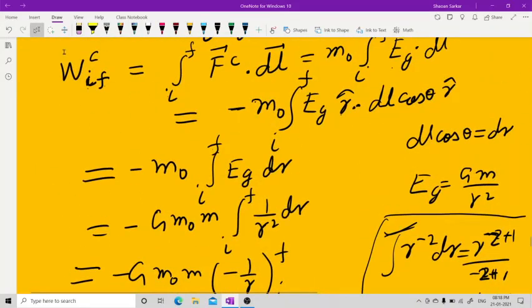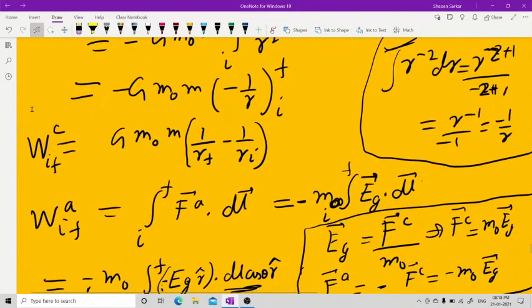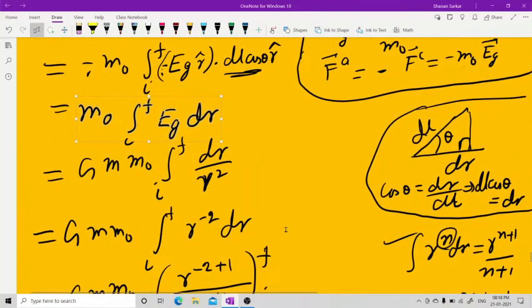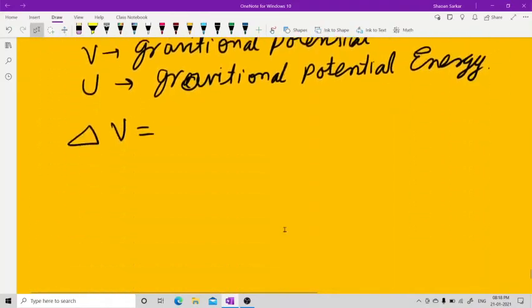I'm talking about this. Let me rewrite these expressions for you once more. This expression came out to be minus of this part, and this W applied came out to be positive of that part. Can you see this difference?